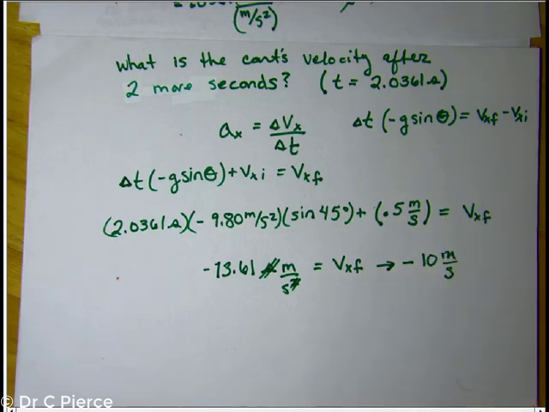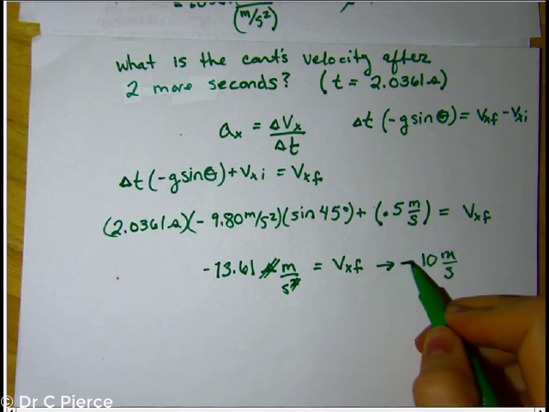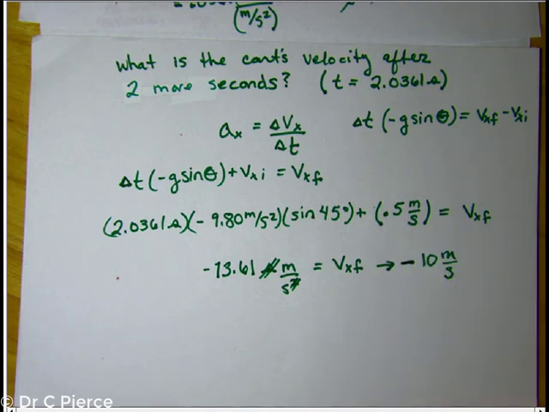Now, let's be careful. We've introduced vectors and mentioned that there are certain quantities that are vectors and should have a direction. Velocity and acceleration and displacement are all vectors and they need a direction. So this answer of negative 10 meters per second is indicating a direction, but that's depending on your coordinate system.